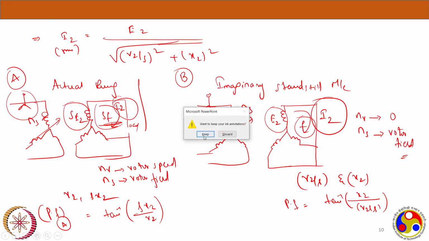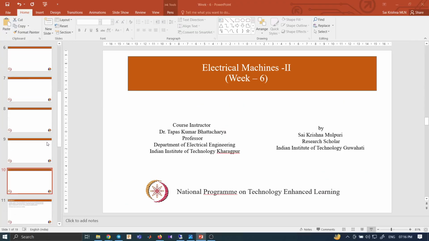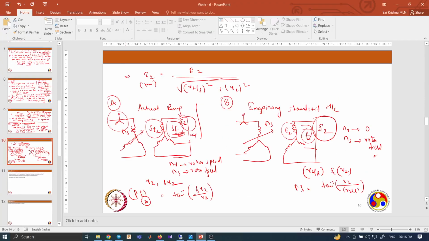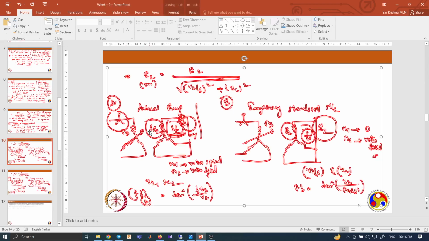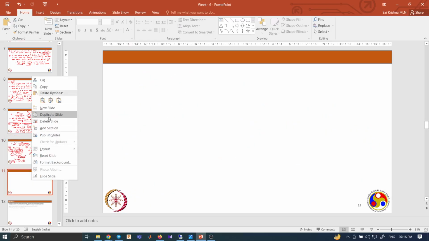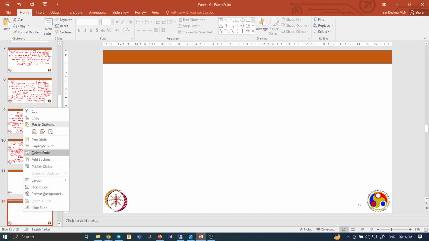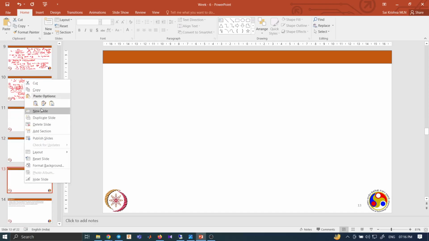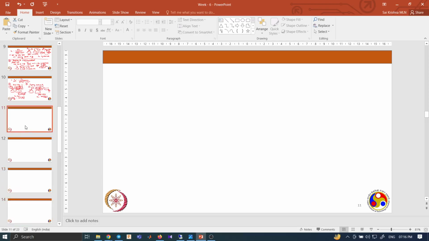Let me just get more slides. So it's nothing confusing here. We are just modifying the secondary by pretending it is a standstill motor with different parameters changed.